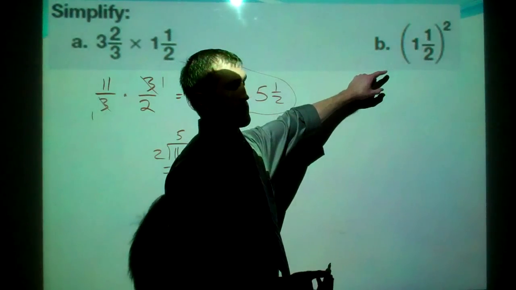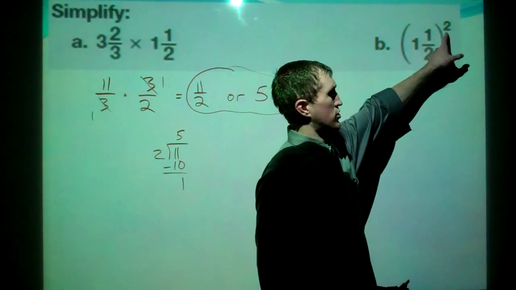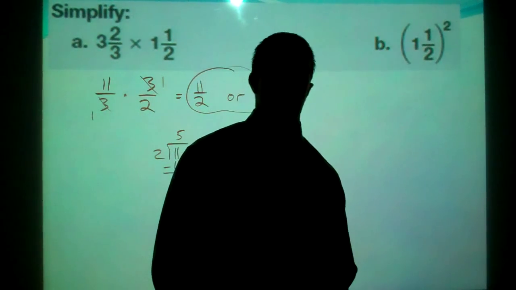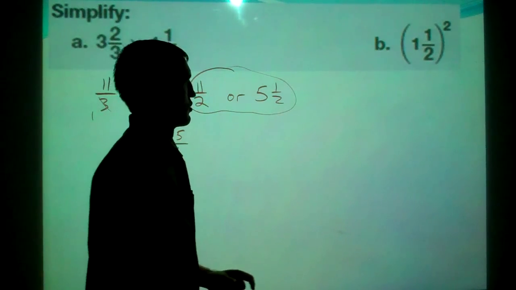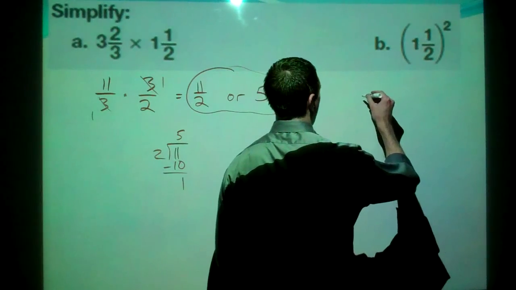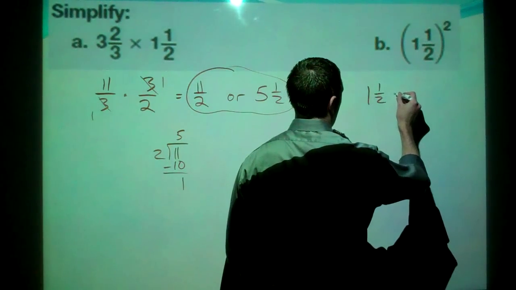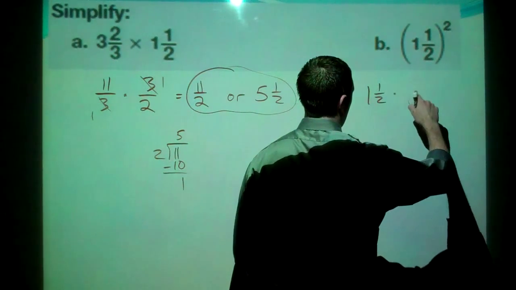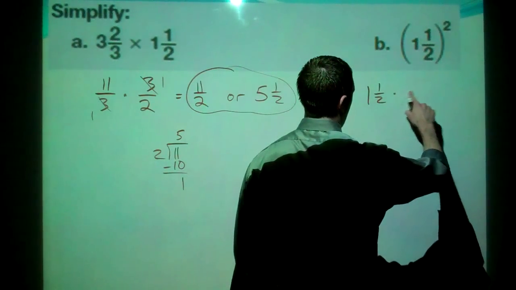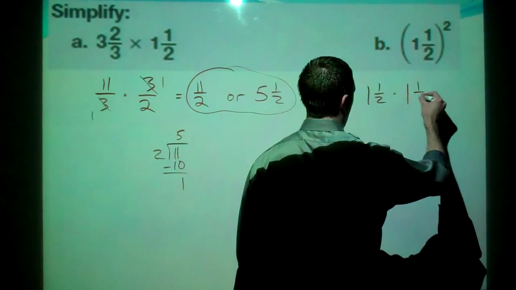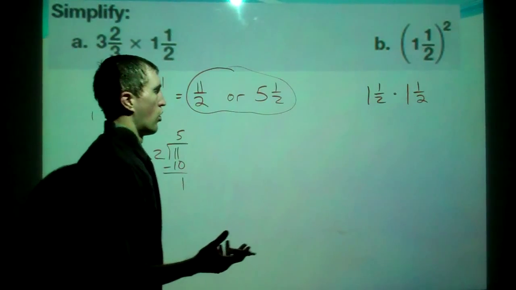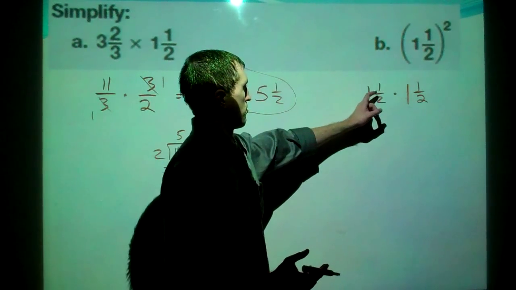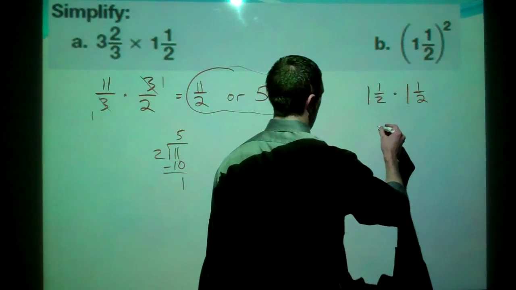Now remember this is squared. Squared means we're going to multiply whatever is being squared twice. So this actually means 1 1/2 times 1 1/2, or 2 times 1 plus 1 is 3.